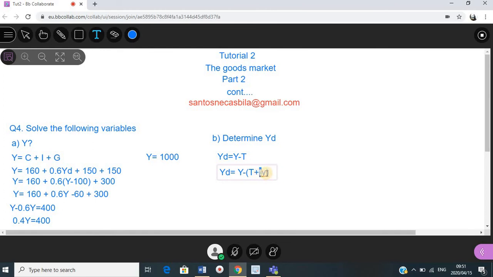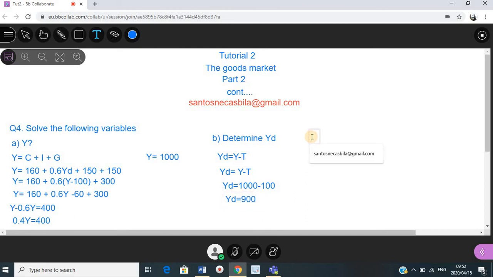However, we don't have it. So since we don't have it, this is going to be only minus T. So YD is going to be equal to 1000 minus 100. Then YD is going to be equal to 900. Very good. So this is our disposable income.